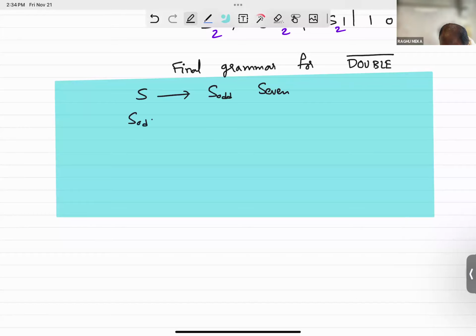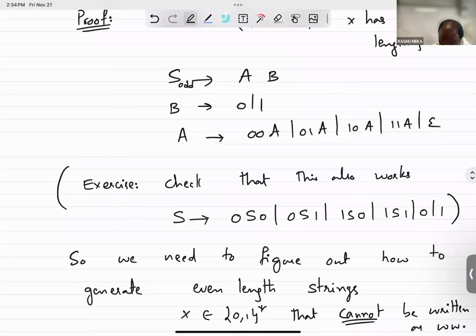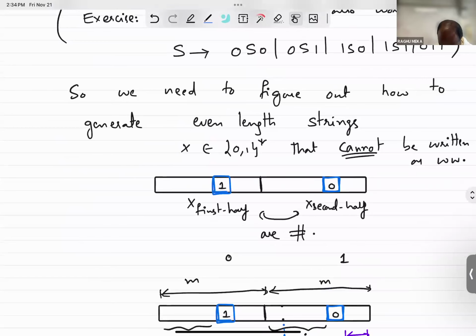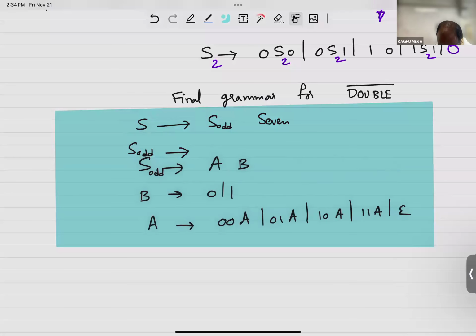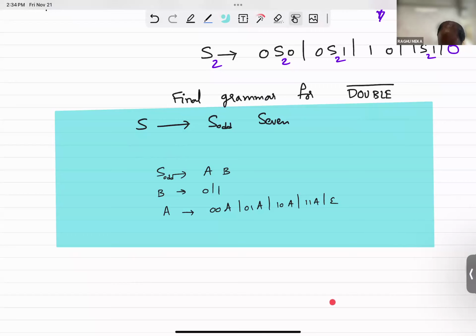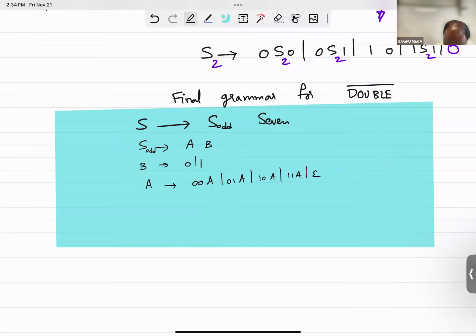And S odd goes to whatever we had here. And then S even goes to S1 S2, or to S2 S1, because the first half could have a 1 or a 0, or 0 or 1. They could differ in either way. So this captures that.